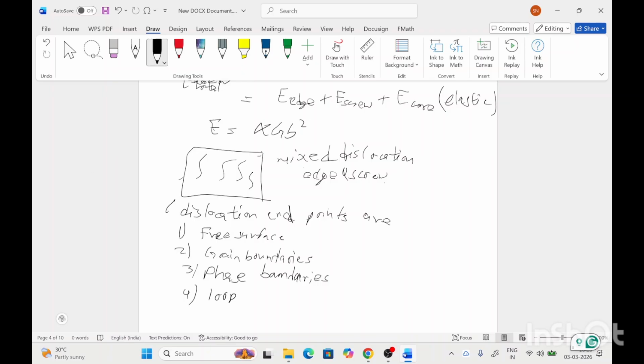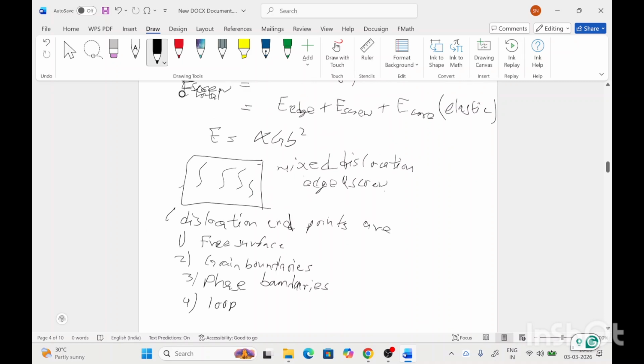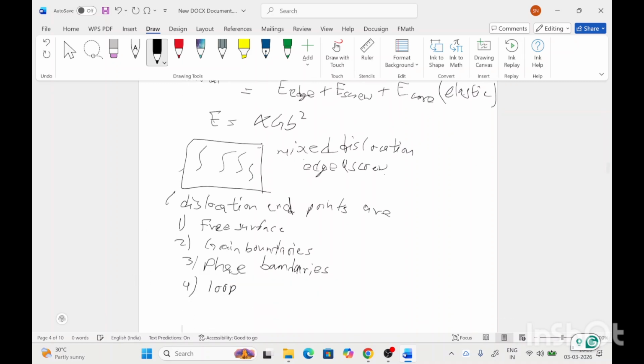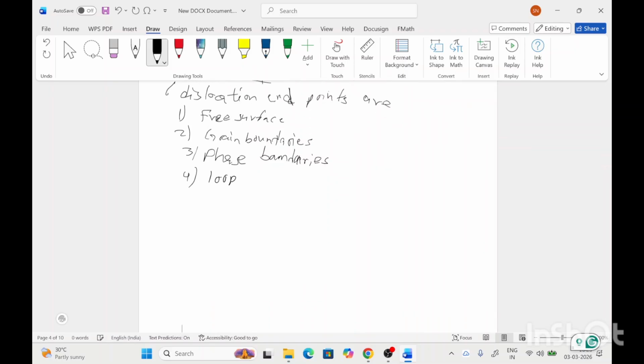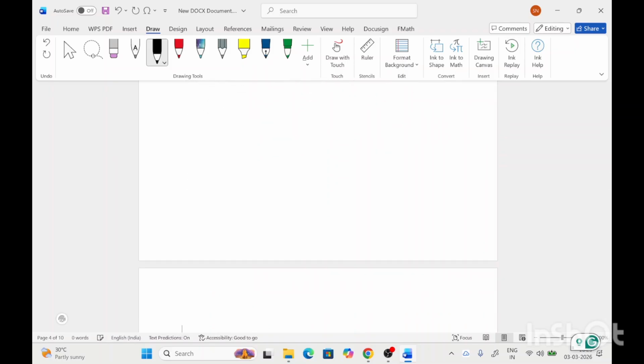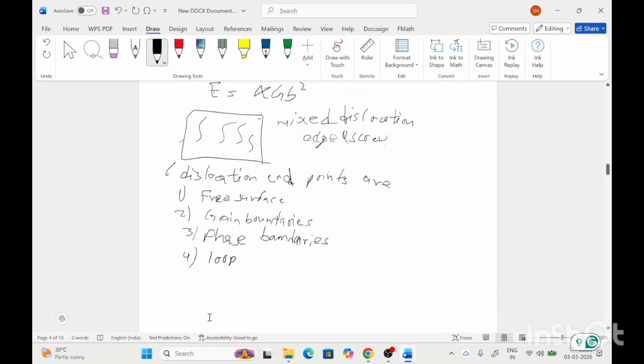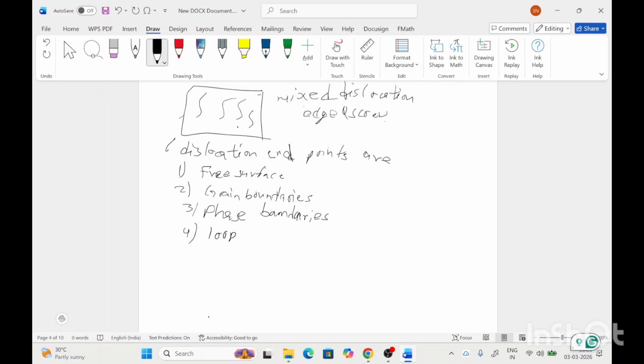So the next point is that the dislocation line also has some line tension. Meaning if they are curved, a straight dislocation will not have any line tension, but if they are curved, they will have some line tension.